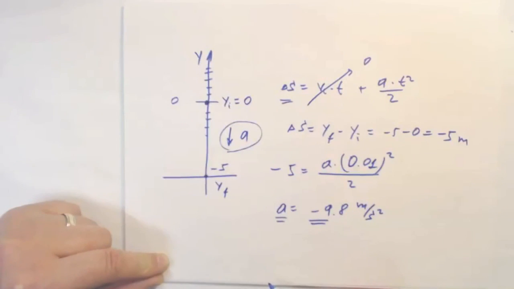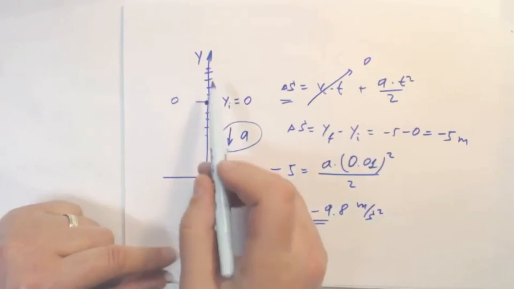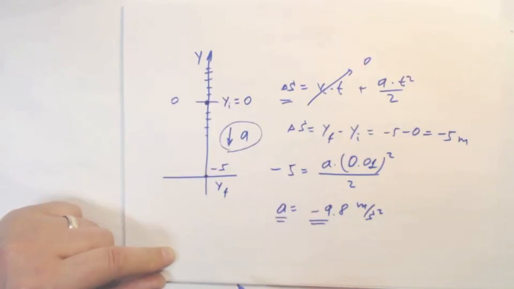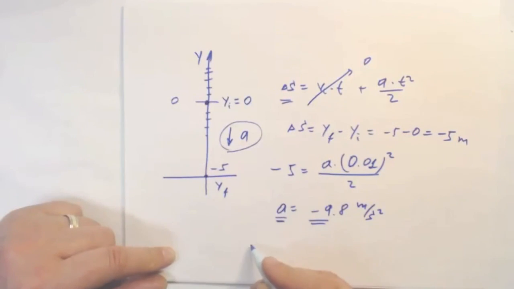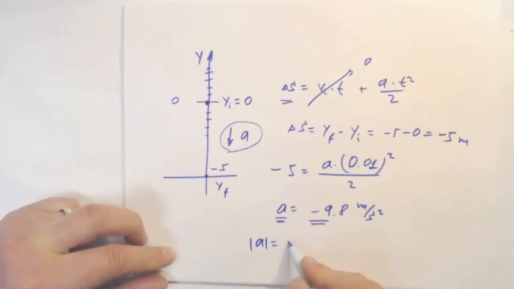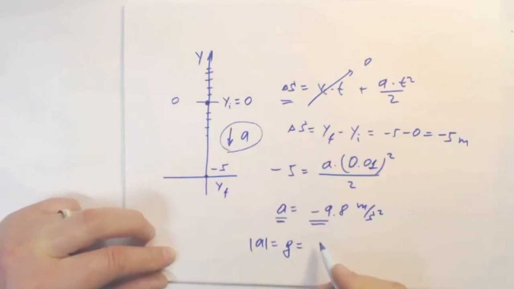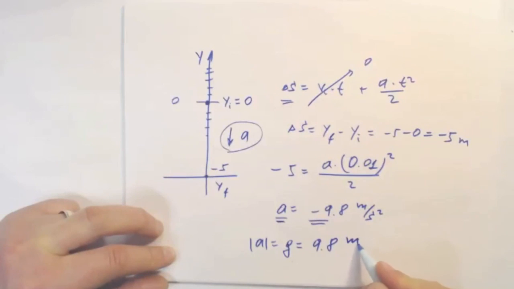If the result is negative, that means this vector has a component opposite to the direction of the y-axis. So if the y-axis points up, that means this acceleration actually points down, as it should. And the magnitude of this acceleration, that's what we call g, still equals 9.8 meters per second squared.